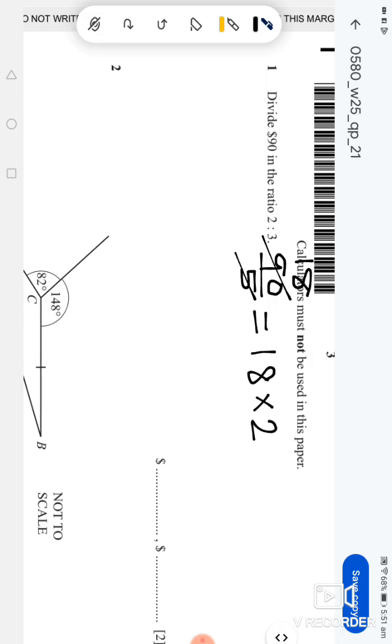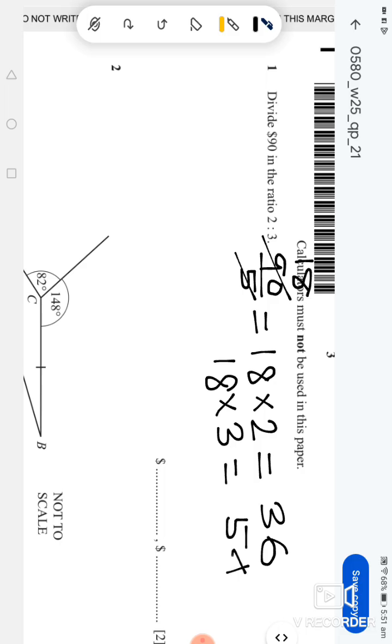Multiply by the 2 parts: 18 times 2 is 36, and 18 multiplied by 3 is 54. So the two parts are 36 and 54.